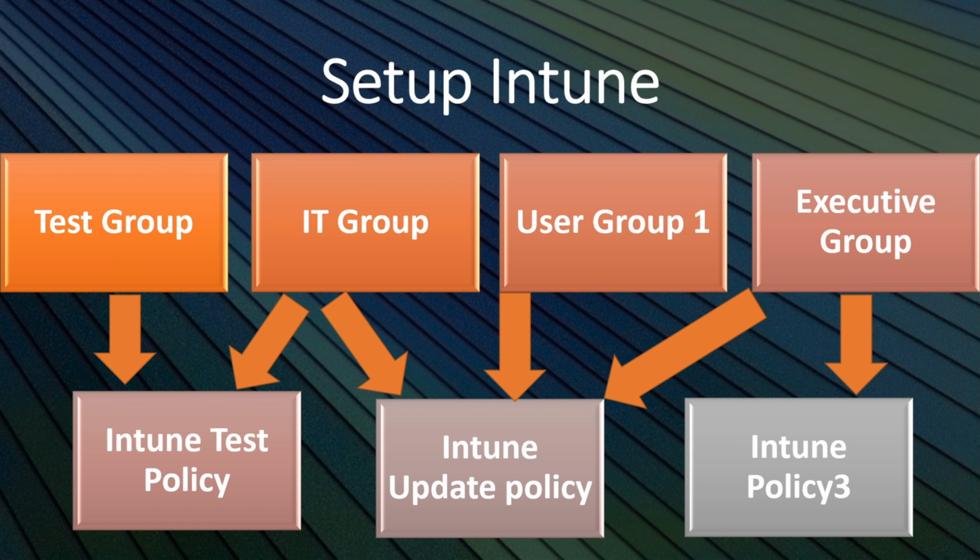Similarly, we can map the users to different groups according to our requirement. This picture is just for our reference, like we can add multiple groups to a single policy, and we can add a single user to multiple different policies.